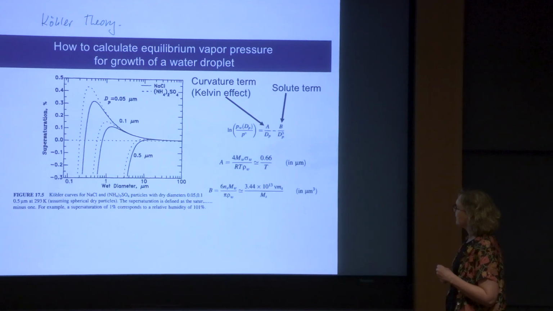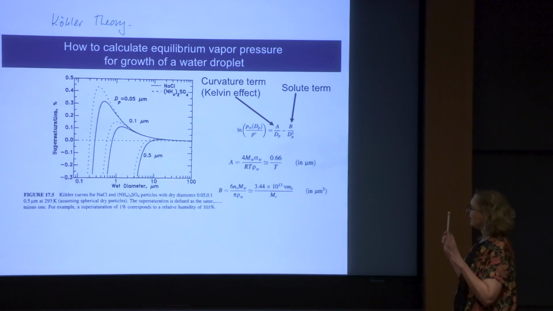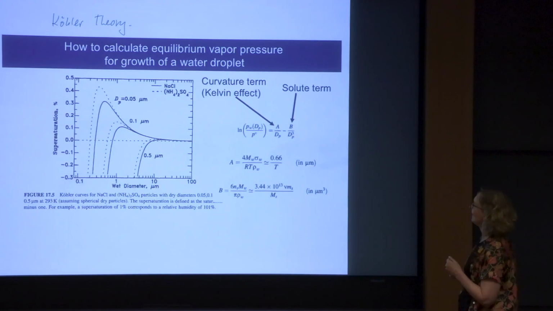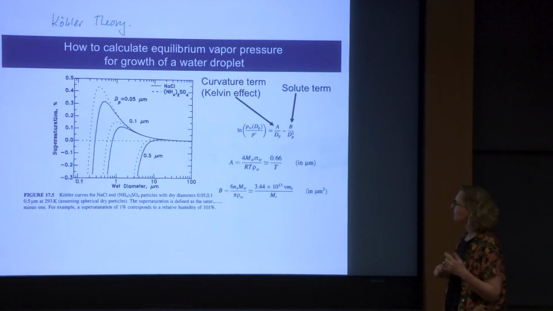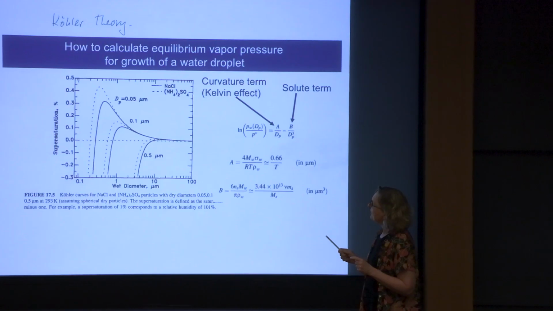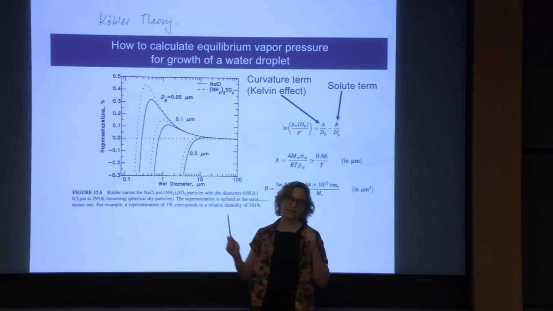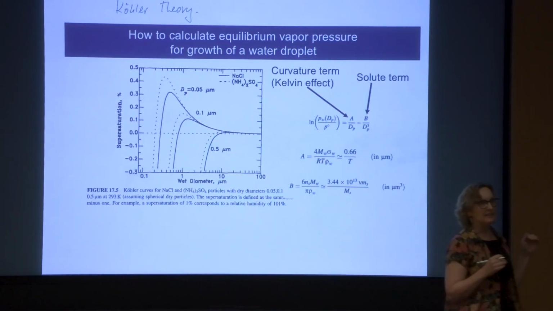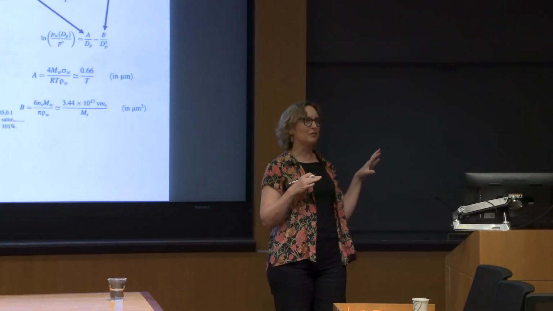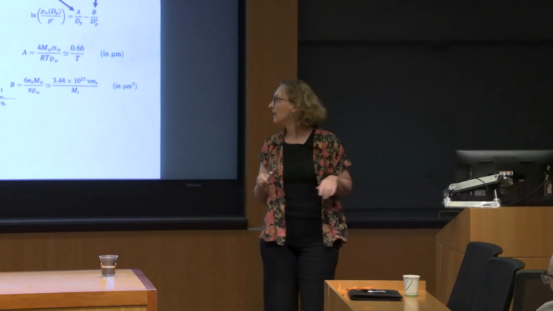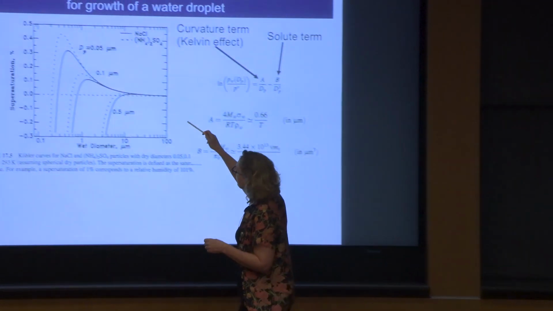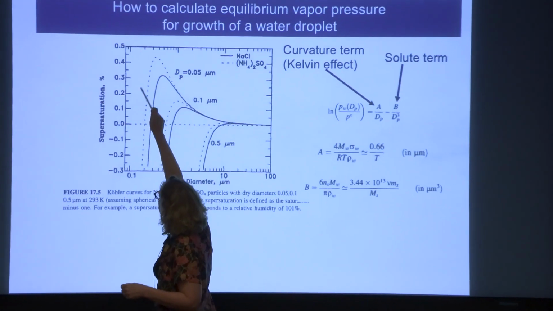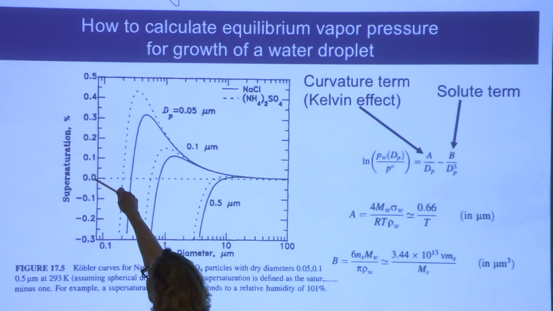And so let me just explain how that works, because it's yet another type of plot that you get exposed to here. One thing that we often work with is called supersaturation, right? So that is the saturation above 100% relative humidity. And that relative humidity is always with respect to a flat surface of pure water, right? And so if you are above this line here, then you are supersaturated, so higher than 100%.